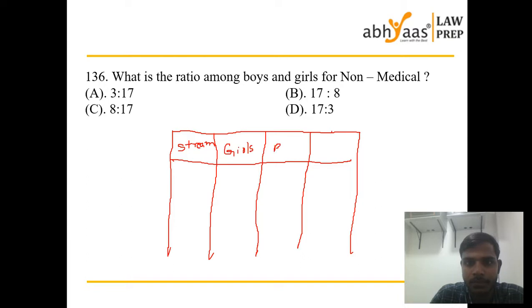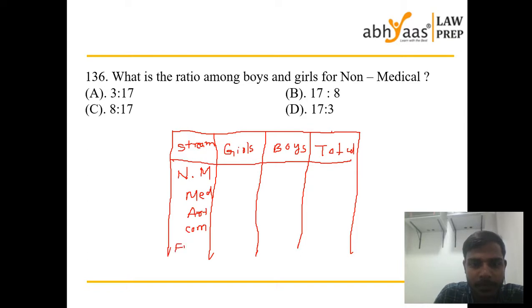Girls, boys, and total. The first stream is non-medical. Second one is medical. Third one is arts. Fourth one is commerce. The last one is fine arts.